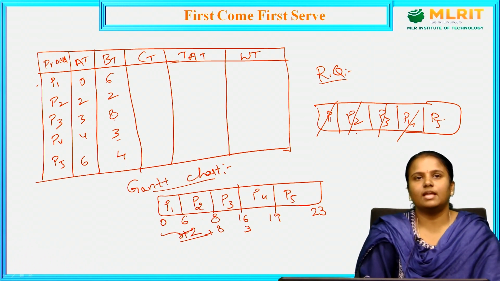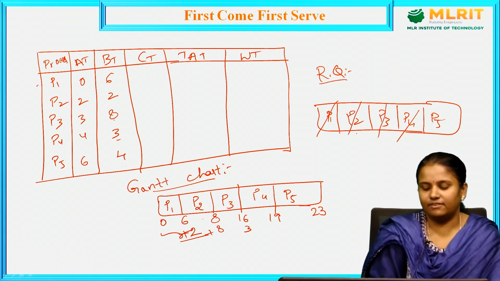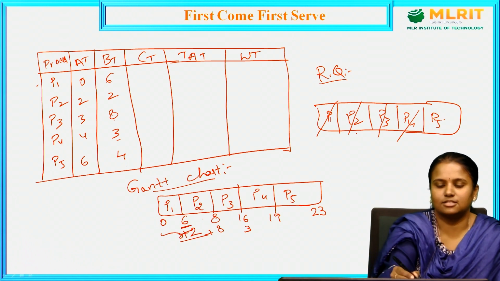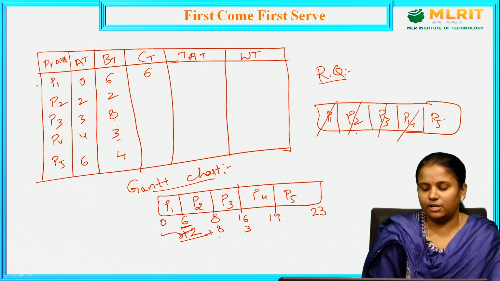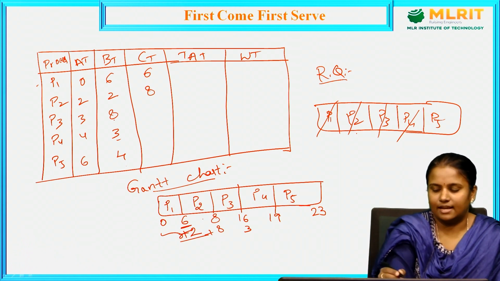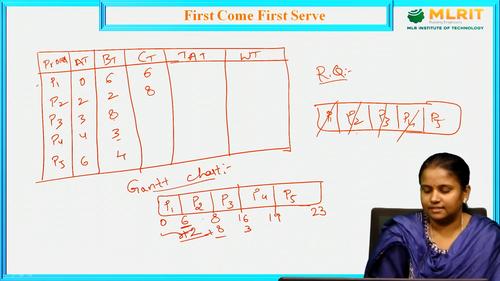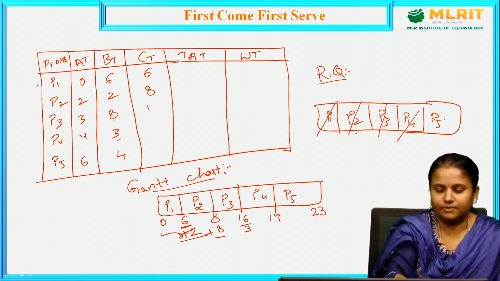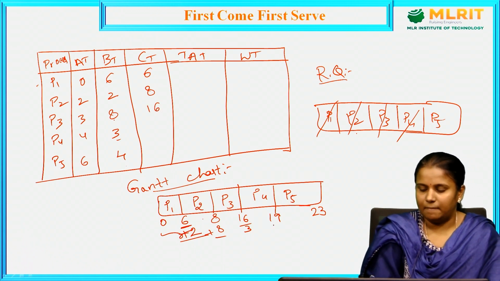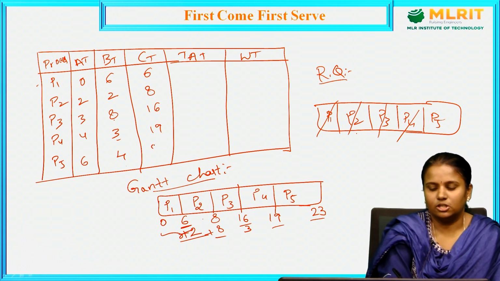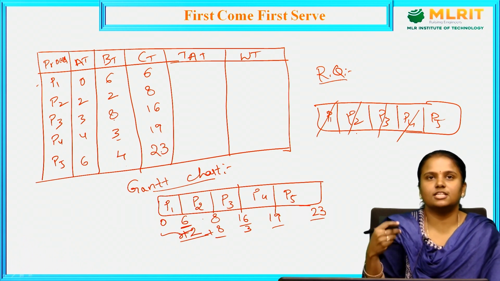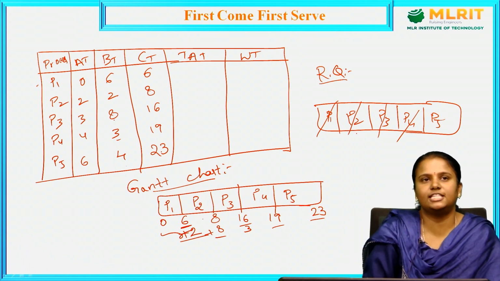So the completion time of P1 is 6, P2 is 8, P3 is 16, P4 is 19, and P5 is 23. This is the completion time of each process.